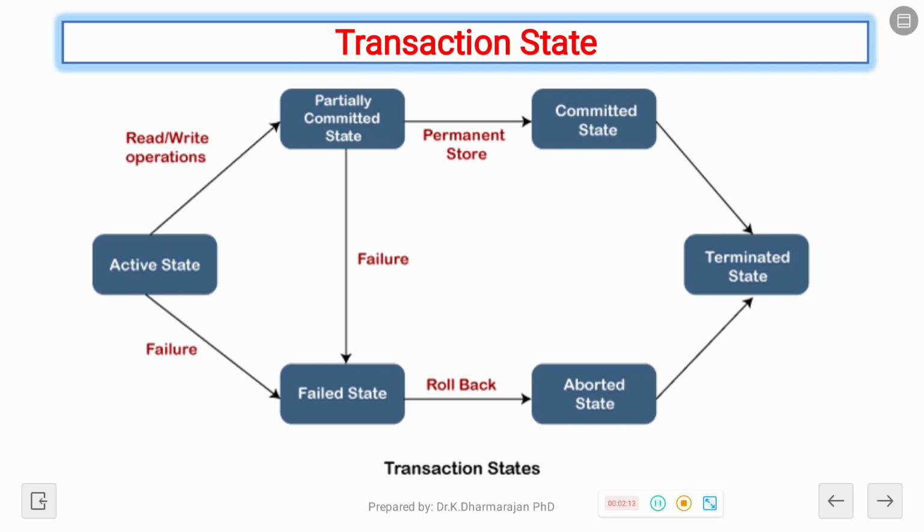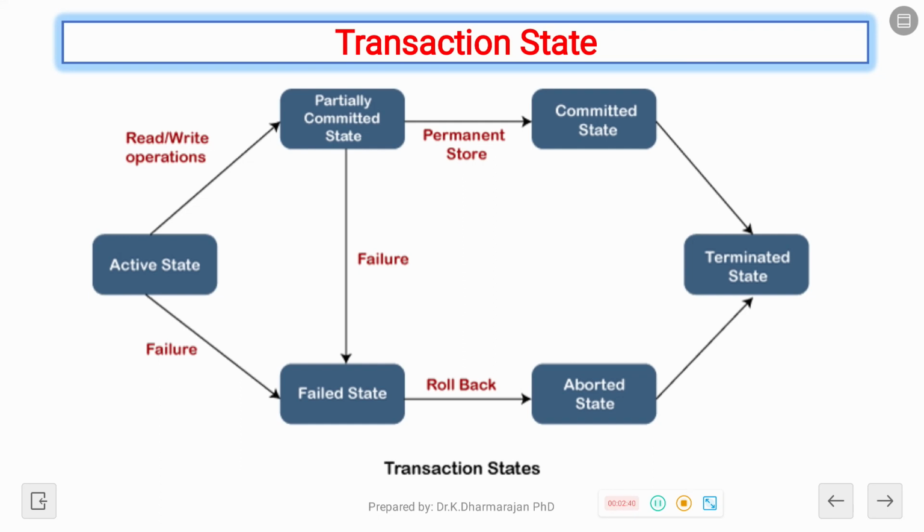What is meant by committed? Committed means saving the record permanently. Then the transaction is over. Suppose at this stage you have a failure, due to a server network error, or you enter the wrong account number, or wrongly enter the IFSC code, or the OTP number, or some other details.